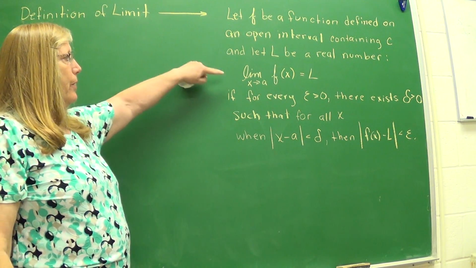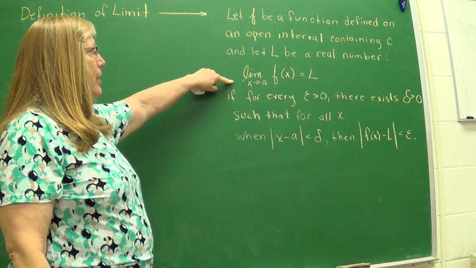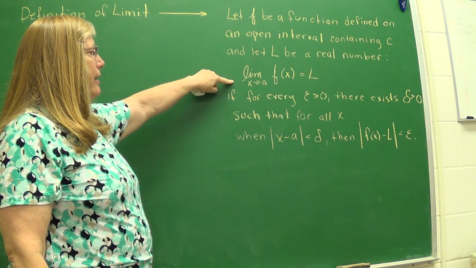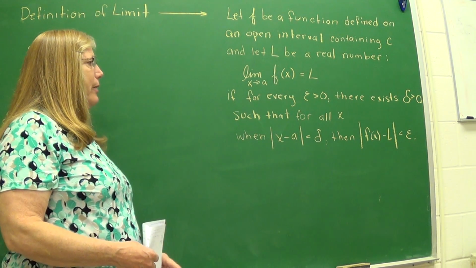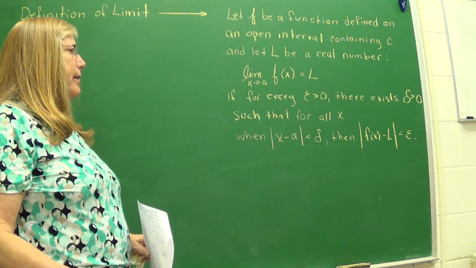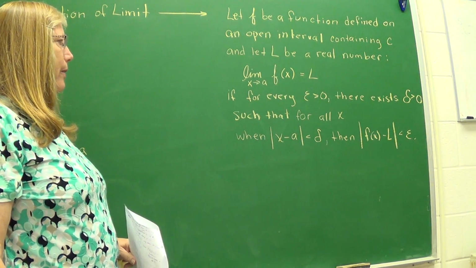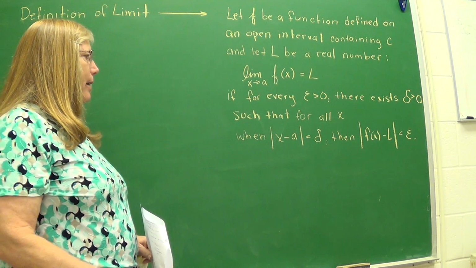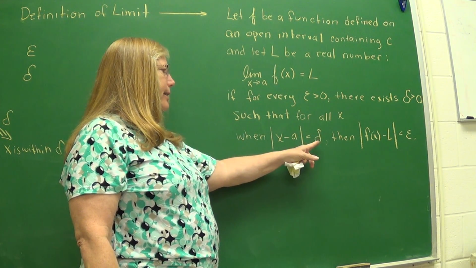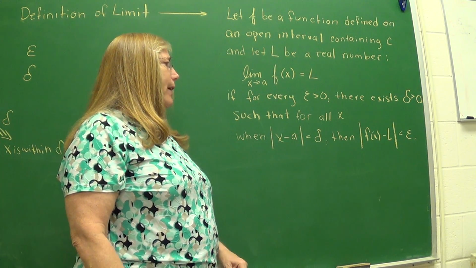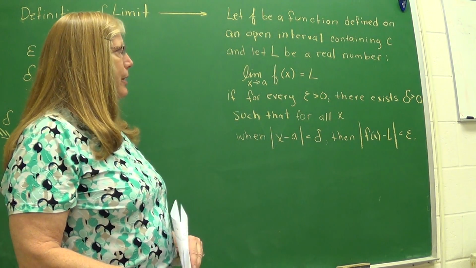Given those parameters, the limit as x approaches a of f of x equals L if, for every epsilon greater than 0, there exists a delta greater than 0, such that for all x, when the absolute value of x minus a is less than delta, then the absolute value of f of x minus L is less than epsilon.